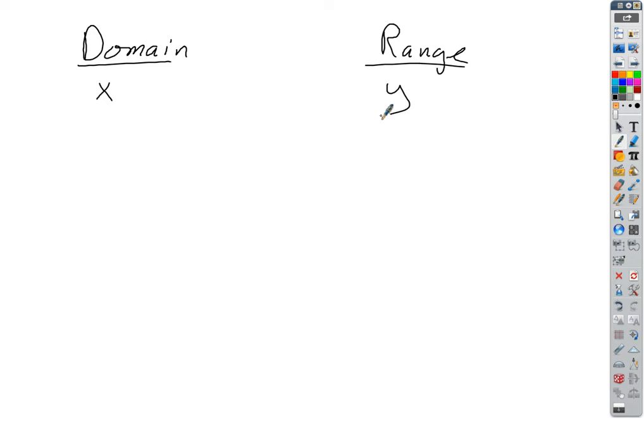What if we're talking about it as input and output? Which one goes where? Input is x, good. What if we're talking about it as independent variable, dependent variable? X would be the independent, okay?